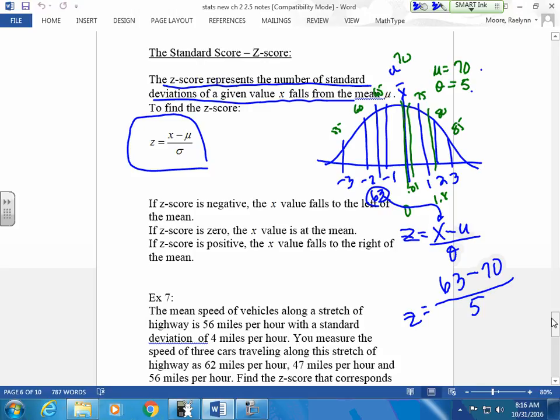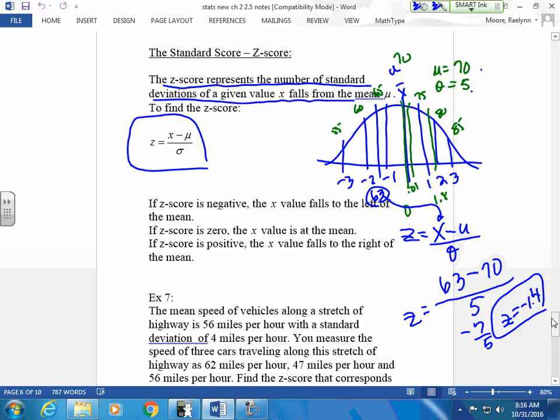So 63 minus 70 is what? Negative 7. If I put this in my calculator, 7 divided by 5, I get a z-score of negative 1.4. Oh, I was pretty darn close when I said it came almost halfway between, right?